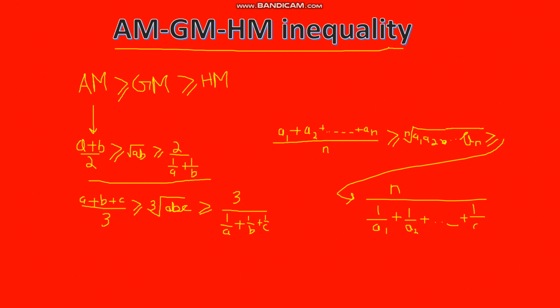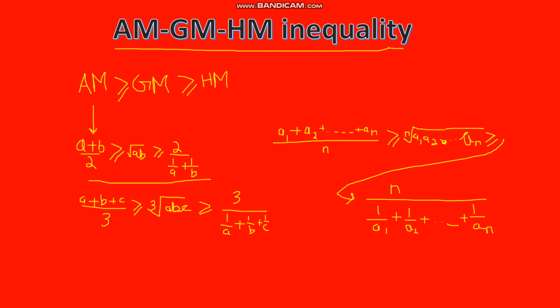This is the general form of the AM-GM-HM inequality, and with this basic thing we are able to solve questions. If any more inequality is required, we will discuss it in further questions. Today, the 3 questions do not require any other inequality.